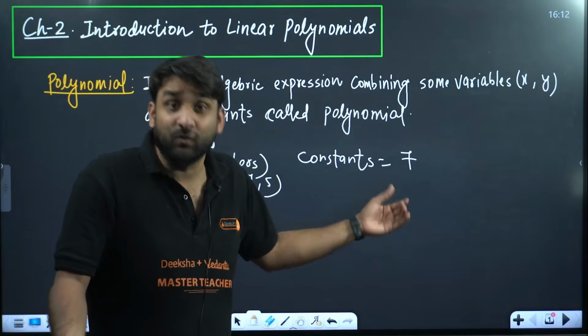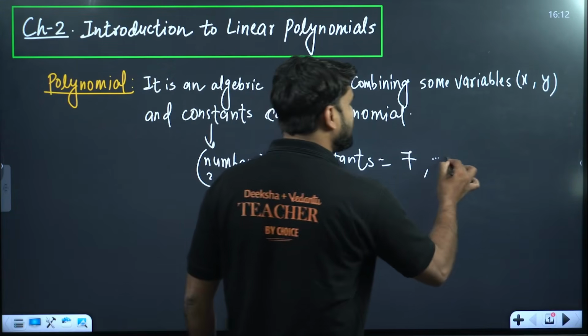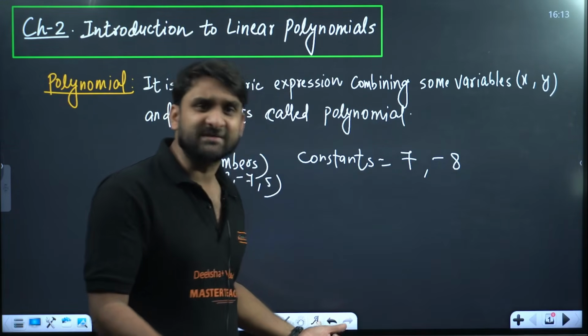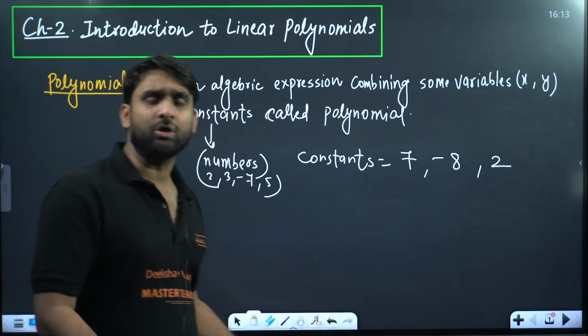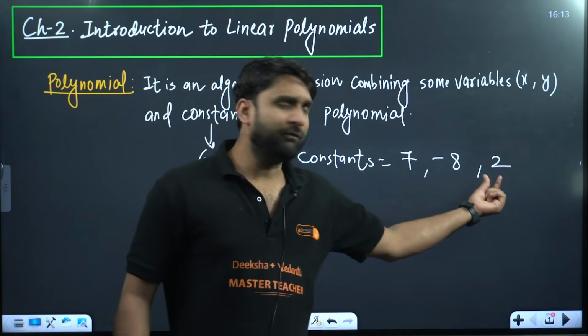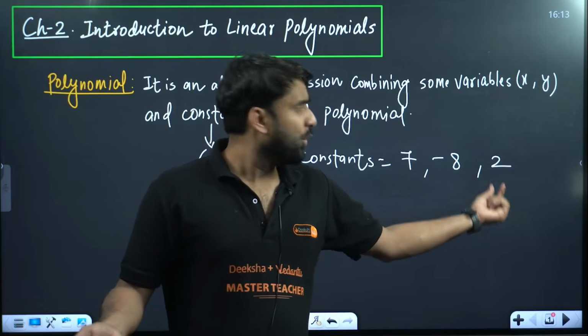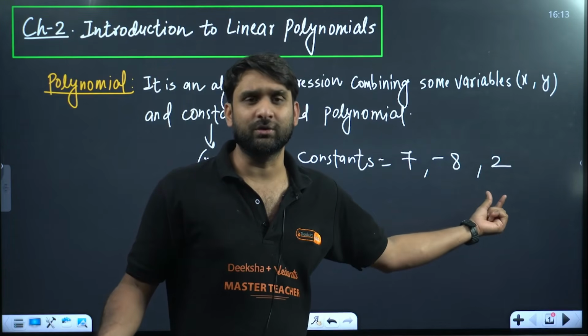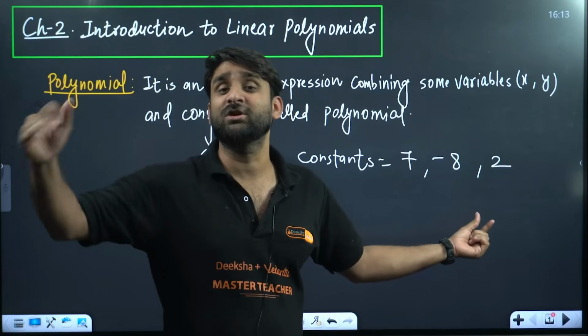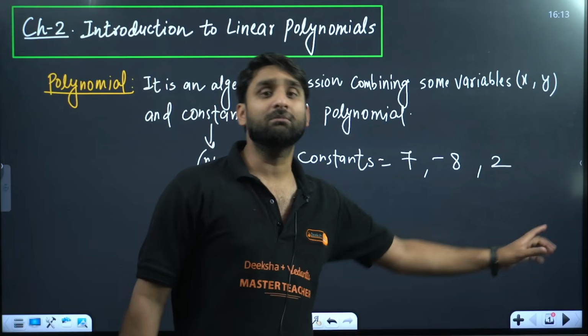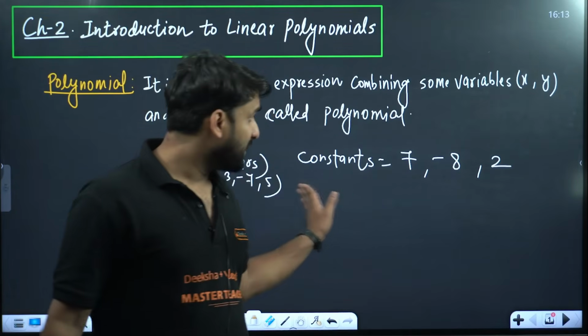It has its own identity. If I write here -8, it means -8. If I write here 2, it means 2. The value of 2 will not change until we do any mathematical addition, subtraction, division, multiplication to the number. The number will remain as it is. So they are called constants.